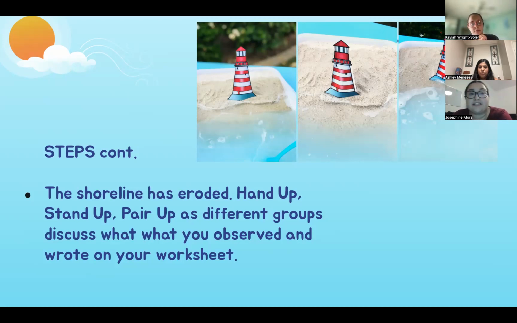What did you notice from the 10 seconds and the 15 seconds? Maybe we can talk about some of the things that we noticed that really made our lighthouse fall. Maybe different friends used different ways to make it fall. Let's really make sure we're talking about what we did and how you experienced this activity.